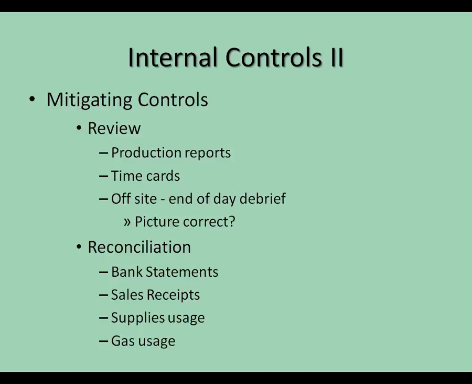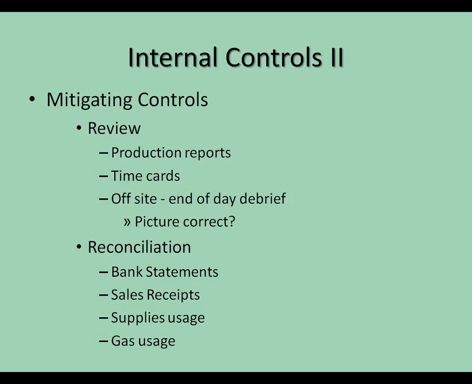Now, here again, these are concepts moving very quickly, and I'm happy to answer questions down the road. If we can't maintain good segregation of duties, break up those 3 items, there's what's called mitigating controls. Especially if you're a small operation with 1 or 2 employees.